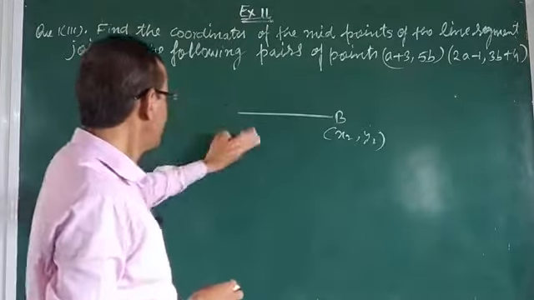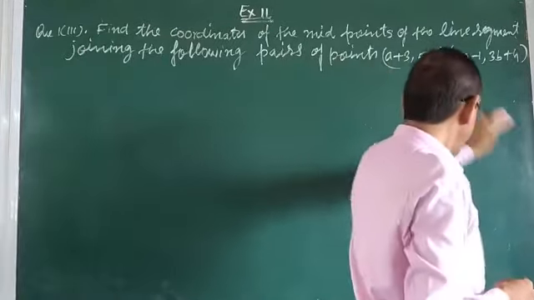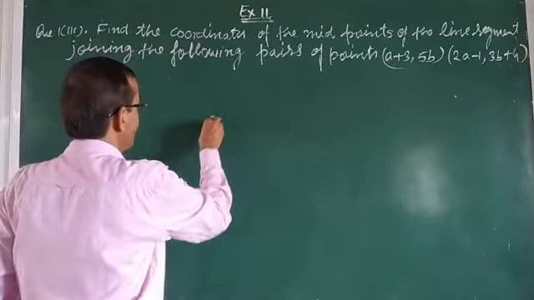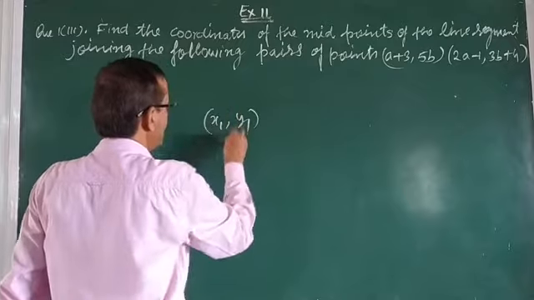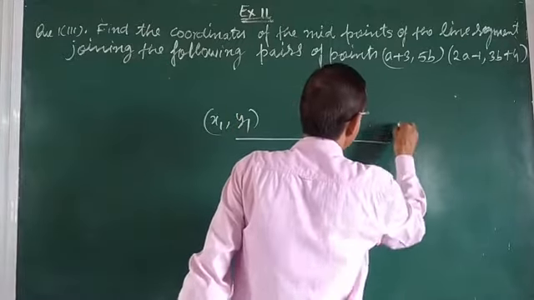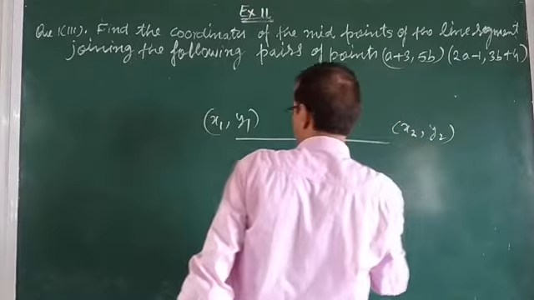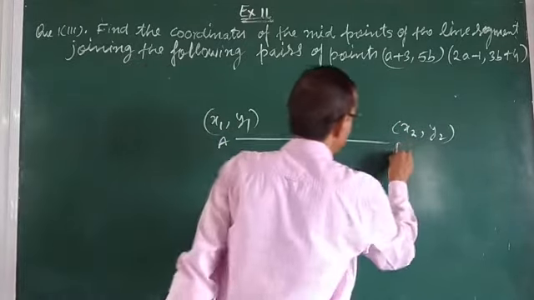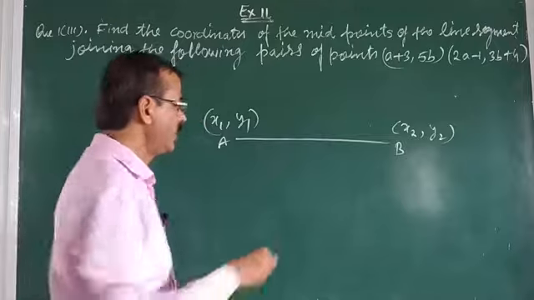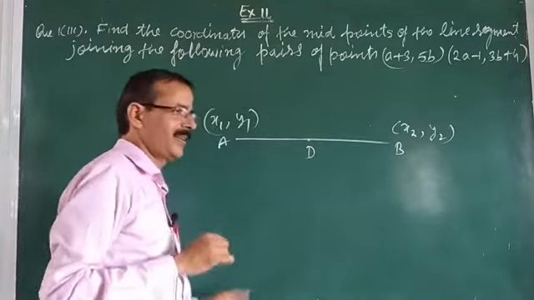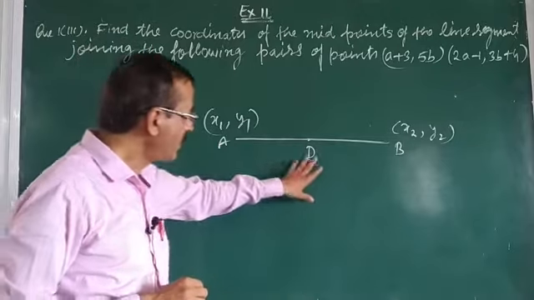Midpoint. As I taught in the previous lecture, this is the method to find the midpoint. If this is (x1, y1), the A point, and this is (x2, y2), the B point, to find the midpoint, suppose I take it as D or C or any letter.